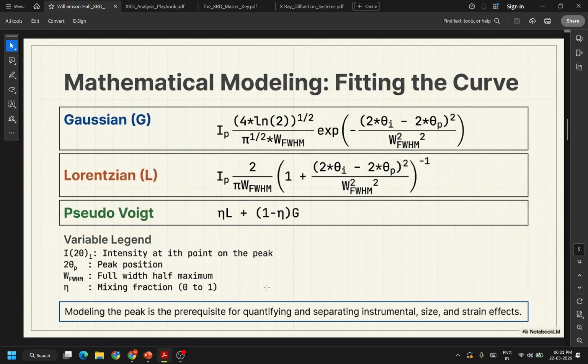So for calculating any quantitative function, you have to first model the peak. Modeling the peak is the prerequisite for quantifying and separating instrumental, size and strain effects.